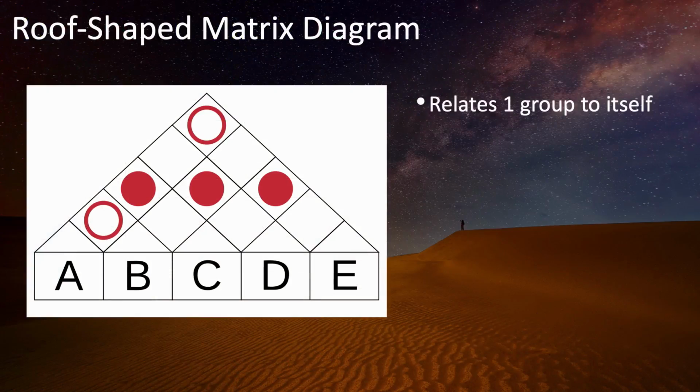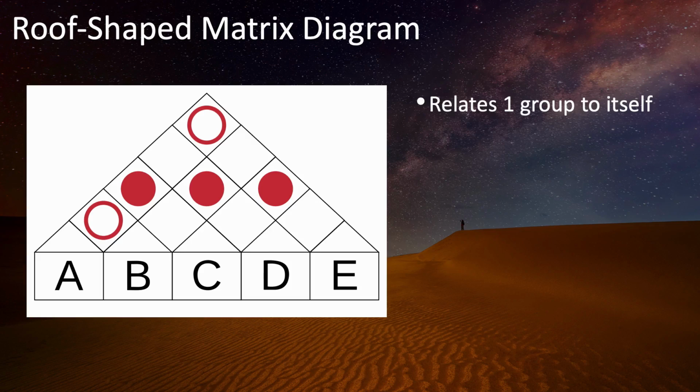The roof-shaped matrix relates a single set or group to itself. For example, this might show a list of stakeholders and what their relationships are to each other. Or it could show a list of product features and which are related to each other. Notice that you can put different symbols in the matrix to represent different types of relationships.